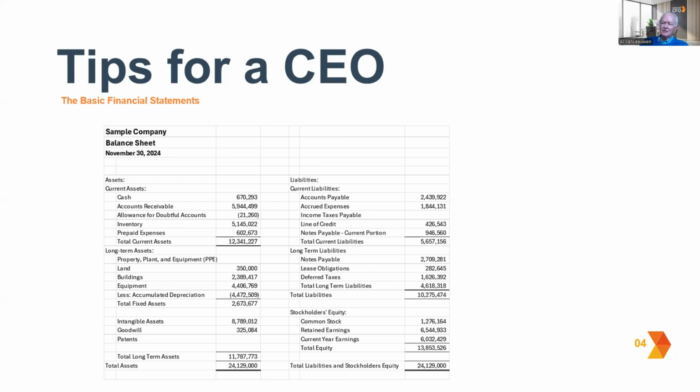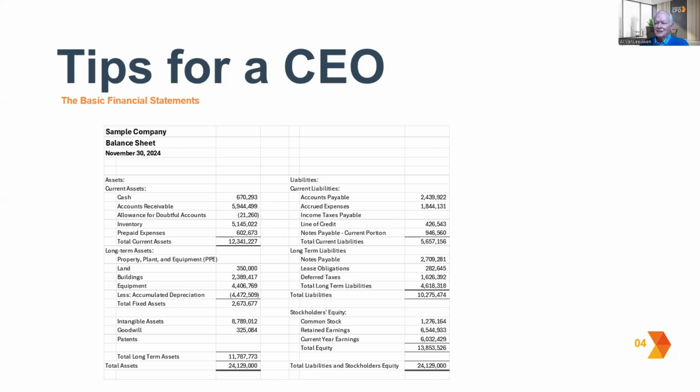Here's something else that would be noticeable on this balance sheet for you to understand. Let's look at the long-term assets. When I look at the long-term assets, one thing is very apparent. My depreciation accumulated is $4.4 million. My equipment is $4.4 million.